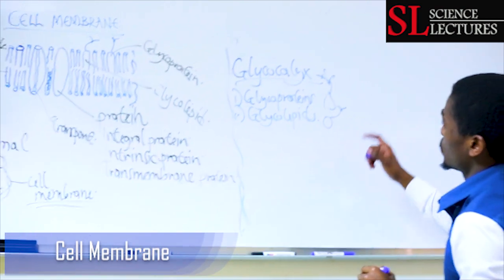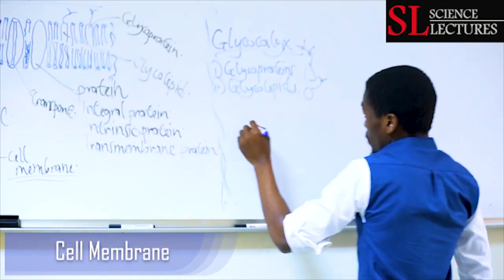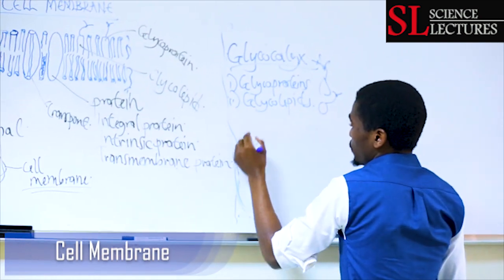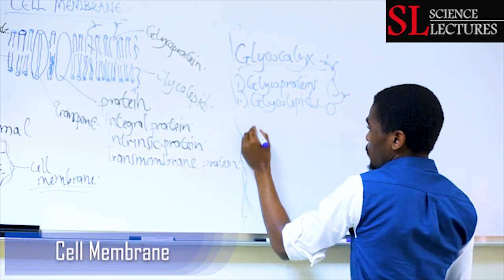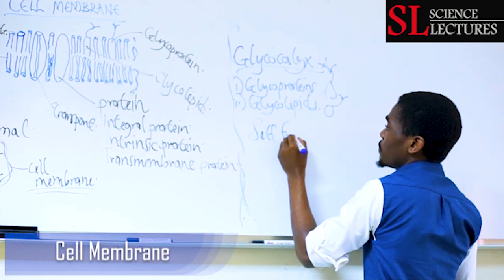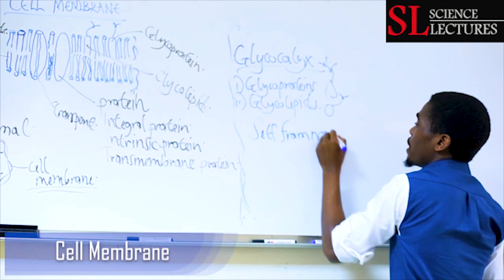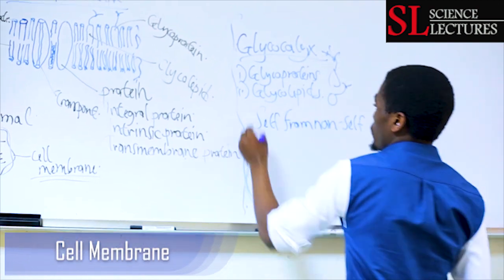So what is the importance of the glycocalyx? The glycocalyx will help cells in cell identification. That is identification, what we call self from non-self. So identifying cells, self from non-self.